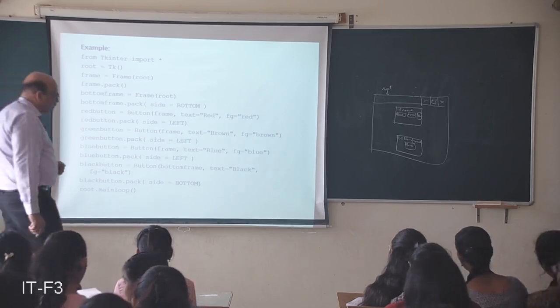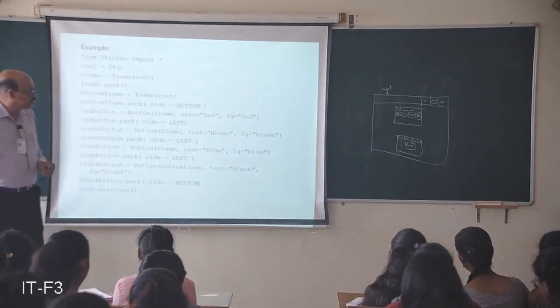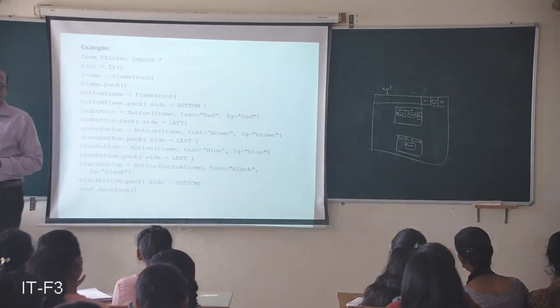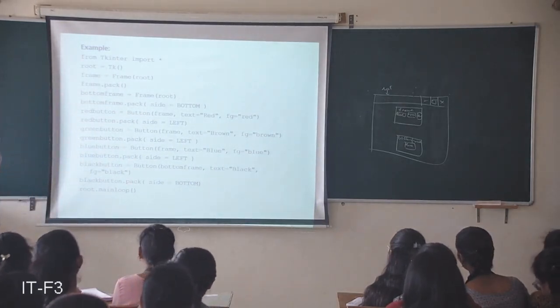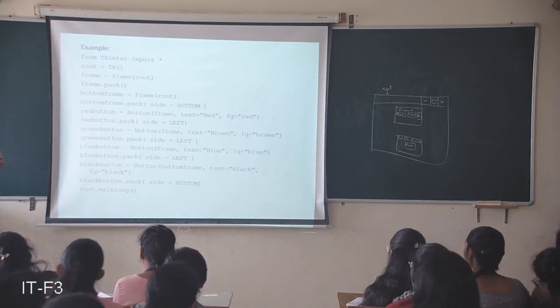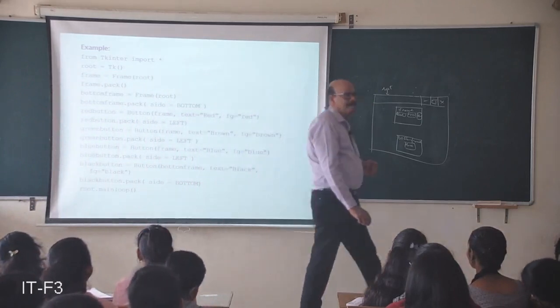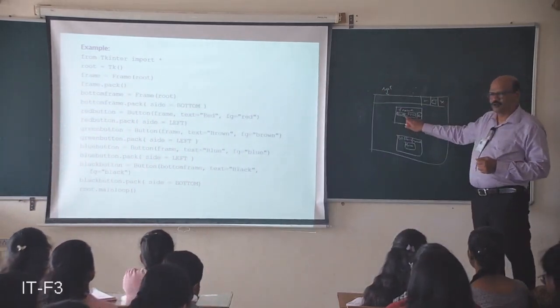When you run this application, you can see the effect of these colors, foreground equal to brown, foreground equal to red. Where does that color get displayed? What do you mean by foreground here? Is it the button color or the frame color? This is background and this is foreground.